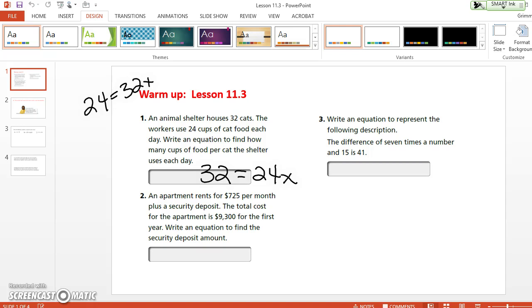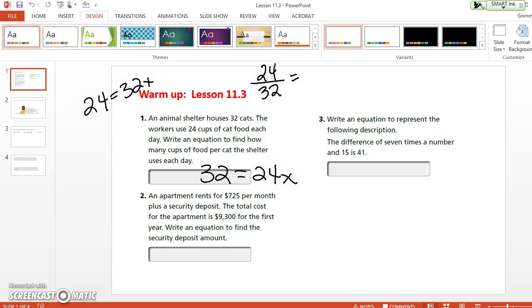You have 32 cats. There are 24 cups of cat food each day. So, wouldn't you want to be taking your food and dividing it by the cats? You would take your food, which is 24 cups, and divide by how many cats you have. Does that make sense? Because I would have all this food, and I'd want to divide it into 32.